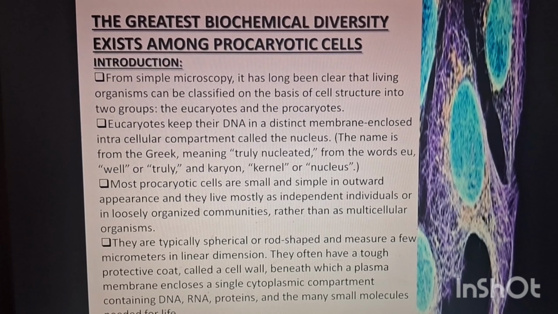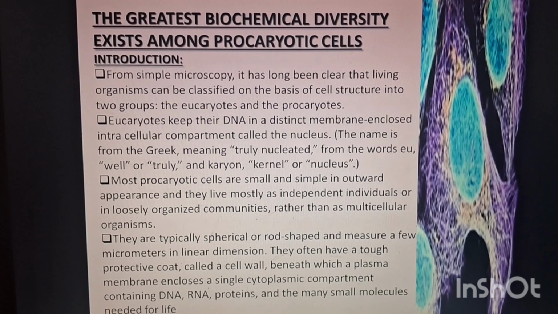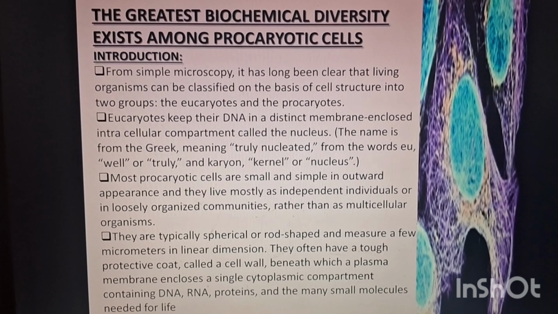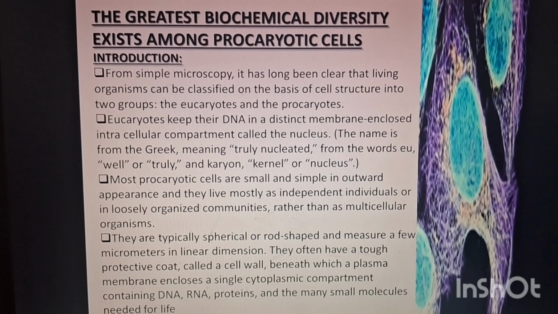Eukaryotes keep their DNA in a distinct membrane-enclosed intracellular compartment called the nucleus. The name is from the Greek meaning truly nucleated, from the words eu meaning well or truly and karyon meaning kernel or nucleus. So, the cell which possesses a true nucleus is called a eukaryotic cell.